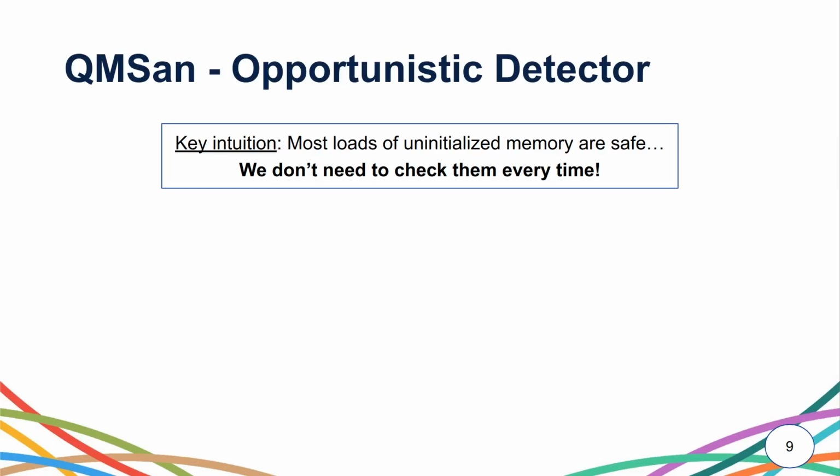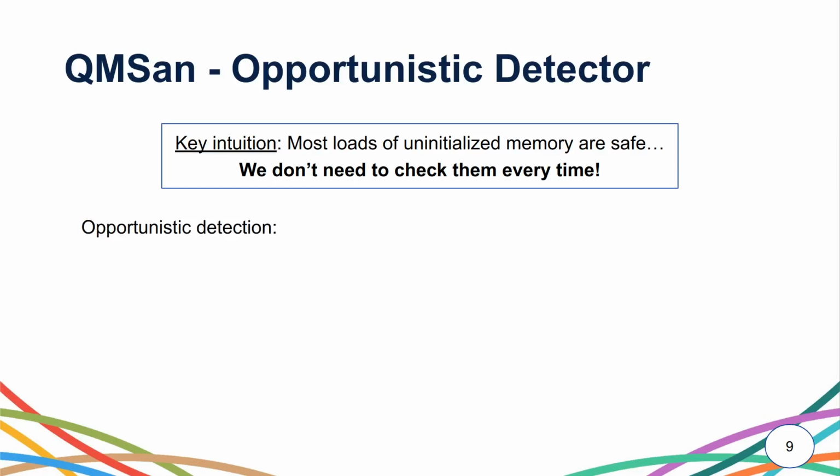So we don't need to check them every time. We can just check them once and then remember in a fuzzing run whether they are safe or not for the future executions that won't need to check them.